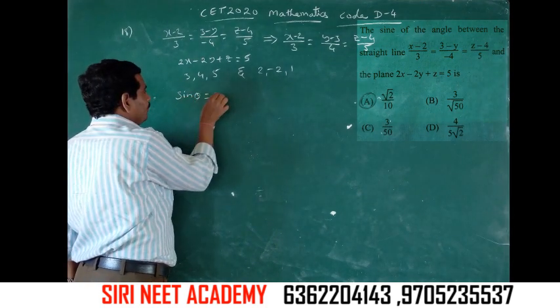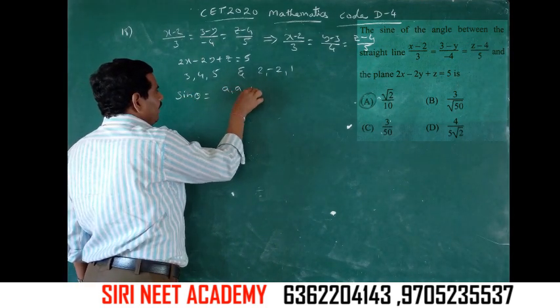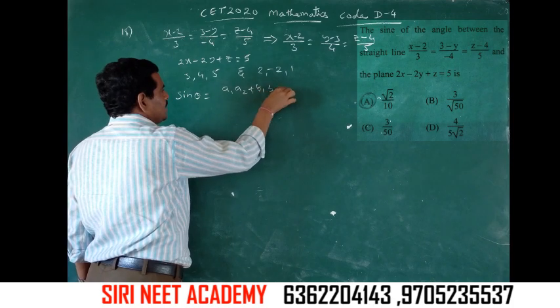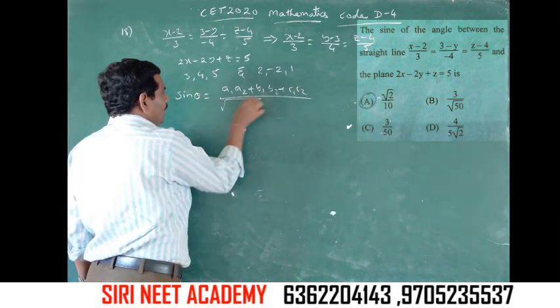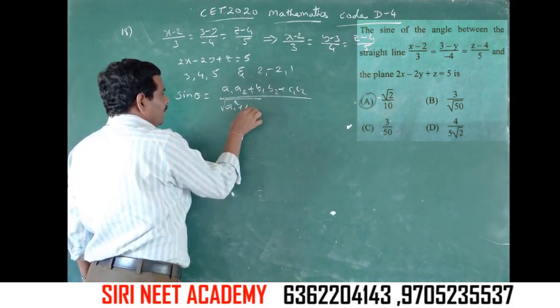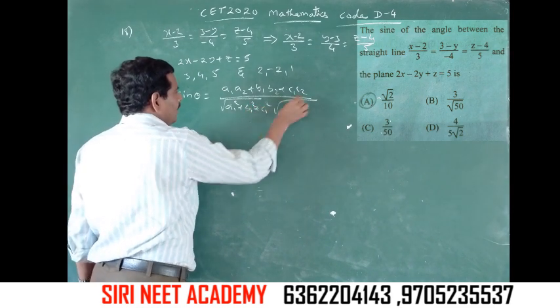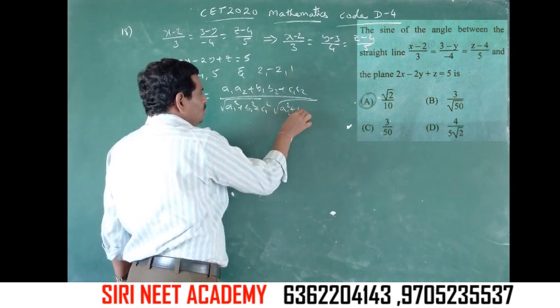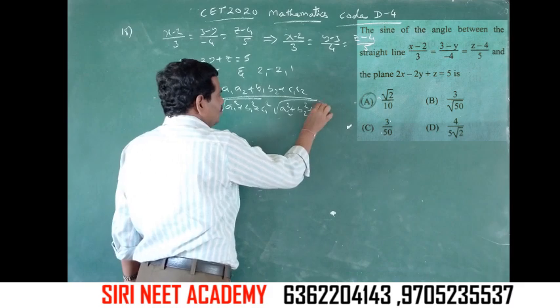the angle between these two, formula: (A1 A2 plus B1 B2 plus C1 C2) divided by root of (A1 square plus B1 square plus C1 square) into root of (A2 square plus B2 square plus C2 square).